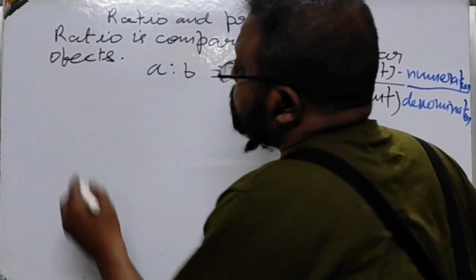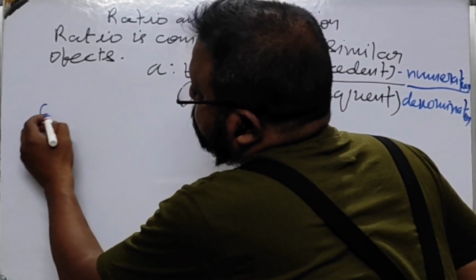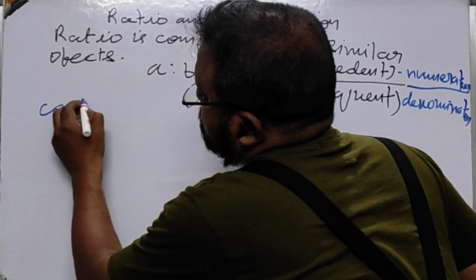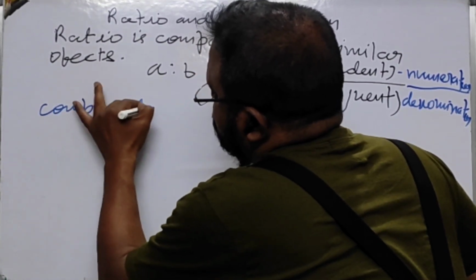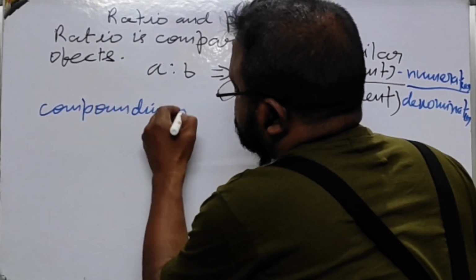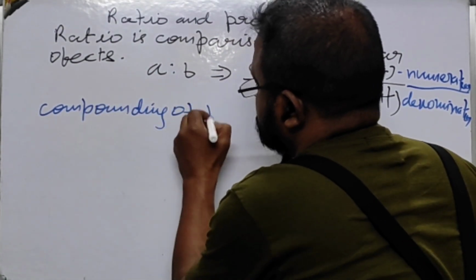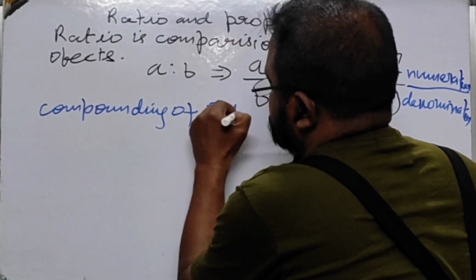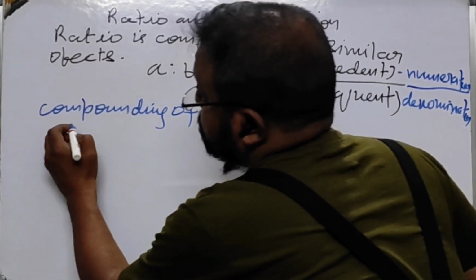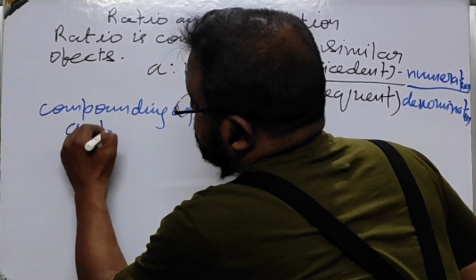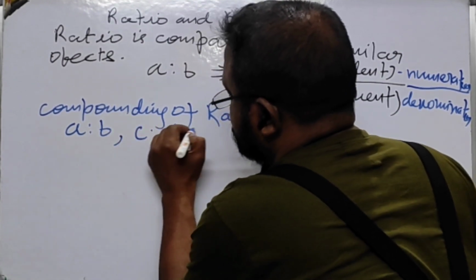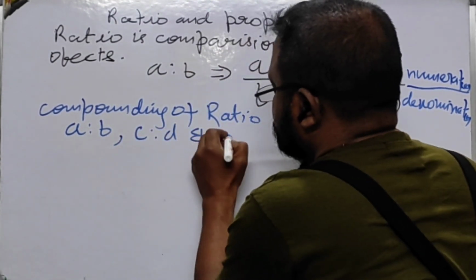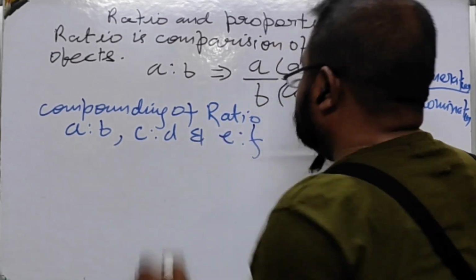Now, first is compounding of ratio. That is A ratio B, C ratio D, and E ratio F, right?